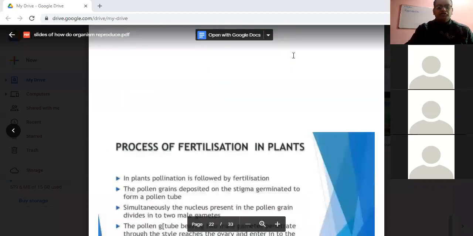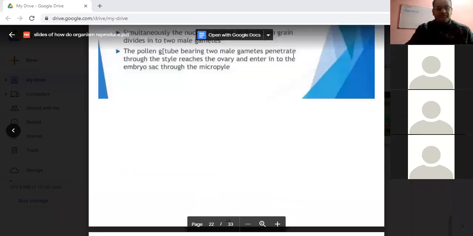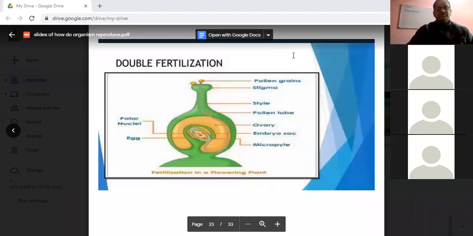Now we are coming to the major portion of this chapter, that is the double fertilization and triple fusion. This is our main concern. When the pollen grain comes and sits over the stigma, it forms a pollen tube towards the ovary chamber.